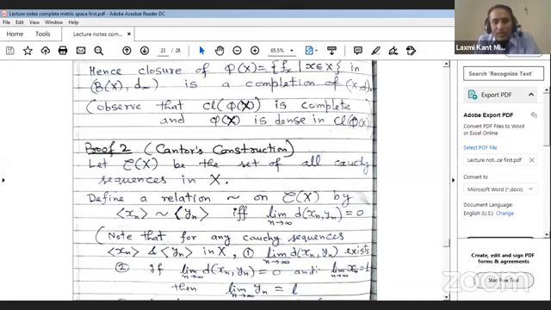Second, if d(xn, yn) goes to zero as n tends to infinity and the first sequence xn converges to some limit L, then the second sequence will also converge to the same limit L. It is quite obvious.